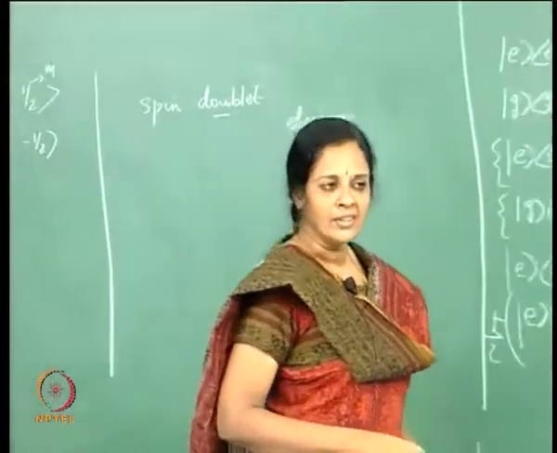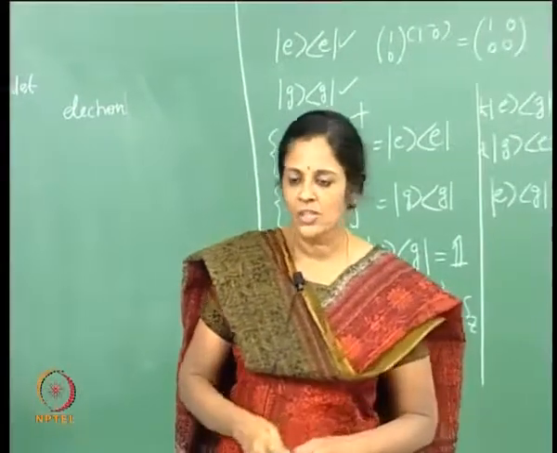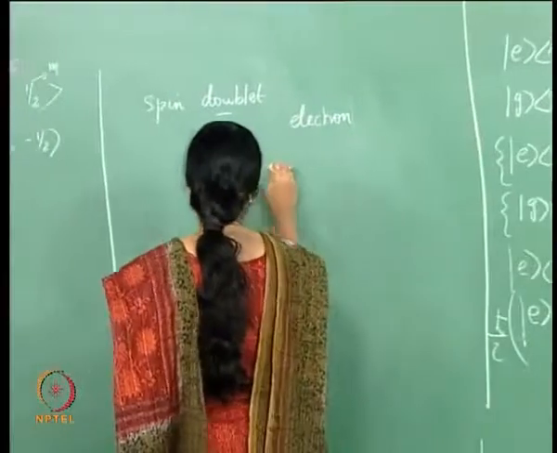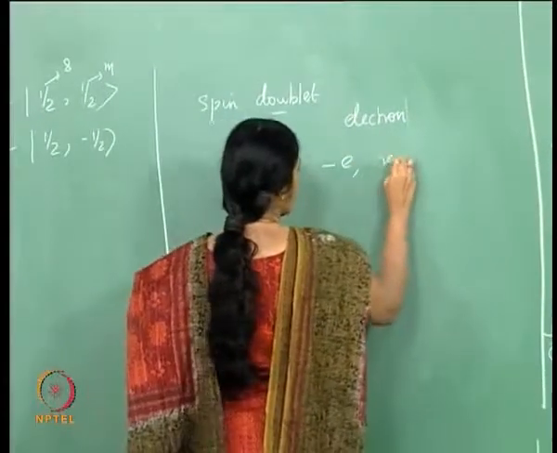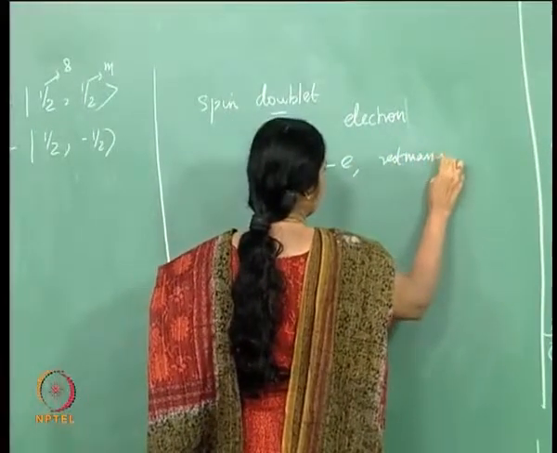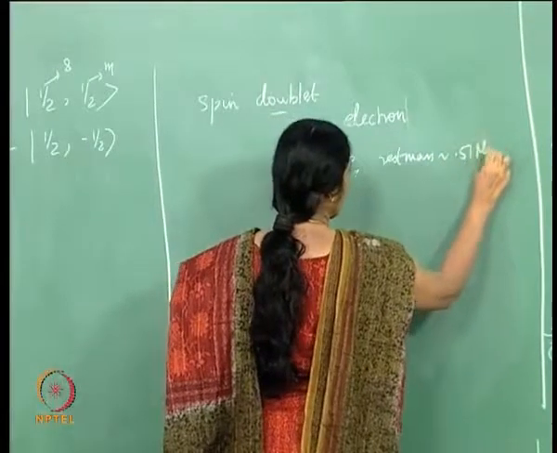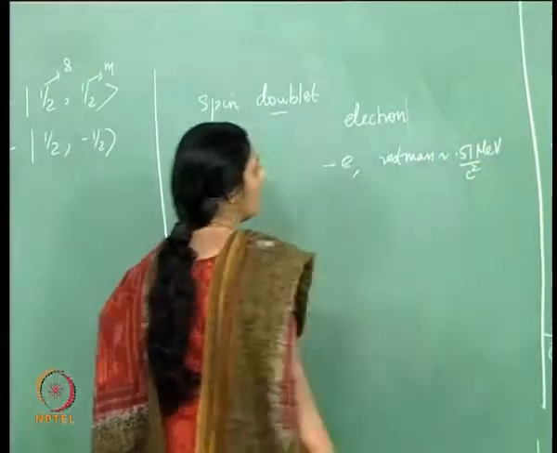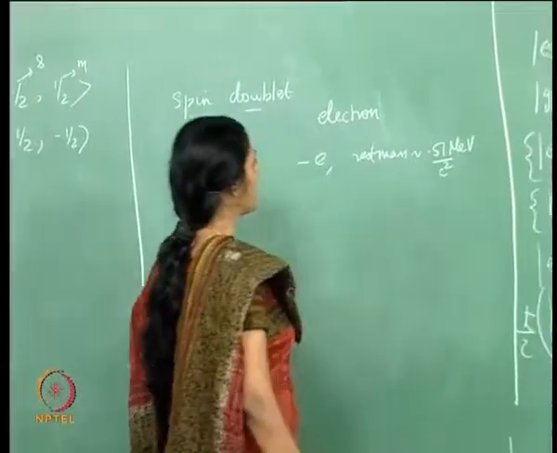An elementary particle which has got charge minus e and rest mass approximately 0.51 million electron volts by c squared, where c is the velocity of light in vacuum.